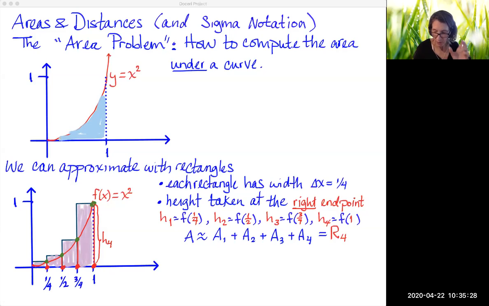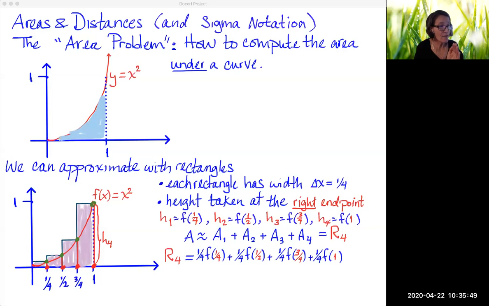And when I compute those areas, it's going to be width times height. So R4 is going to be, each of those has a different height, but they all have the same width. So notice 1/4 means the width, and f of whatever the endpoint is means the height of that rectangle.